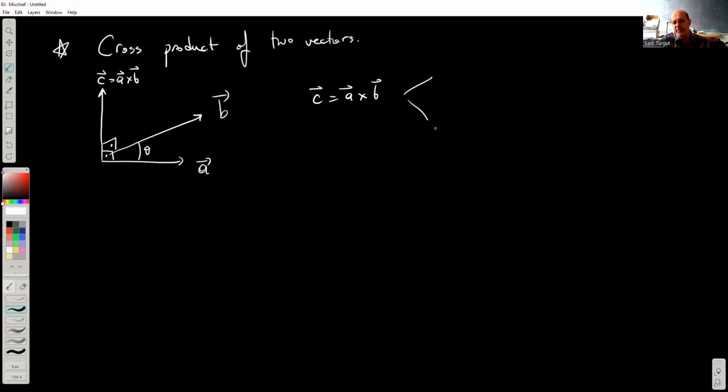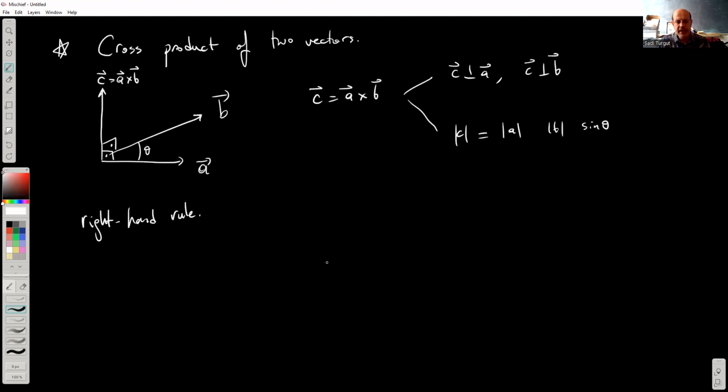We have these 2 statements: C is perpendicular to A and C is perpendicular to B, and the magnitude of C is equal to the magnitude of A times the magnitude of B multiplied by the sine of the angle between them. But when defining the direction of C, just saying that C is perpendicular to A and B is not enough, because there is also another vector which is perpendicular to both A and B, but opposite to C. I have to use the right-hand rule, right?